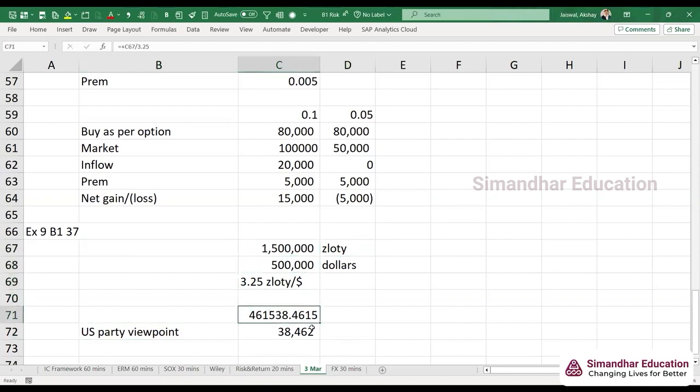So they are receiving this much, 461, whereas they have to pay this. So this we have to pay, and this we have to receive. So this will actually be a loss, because we are paying 500k and we are receiving 461. Okay. Yes, correct.